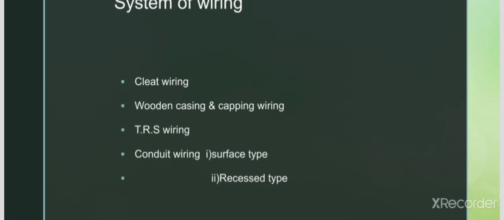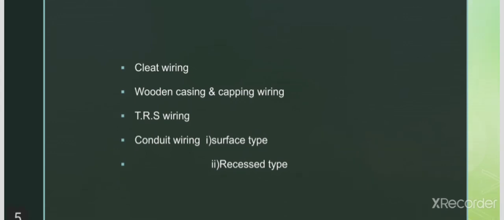The various systems of wiring used in our country are cleat wiring, wooden casing and capping wiring, CTS or TRS wiring, and conduit wiring. Conduit wiring is divided into two types: surface or open type wiring and recessed or concealed type wiring.